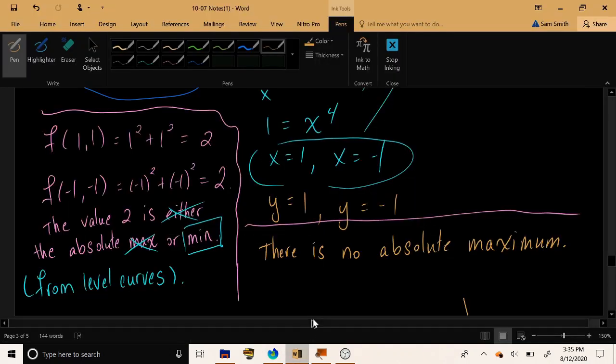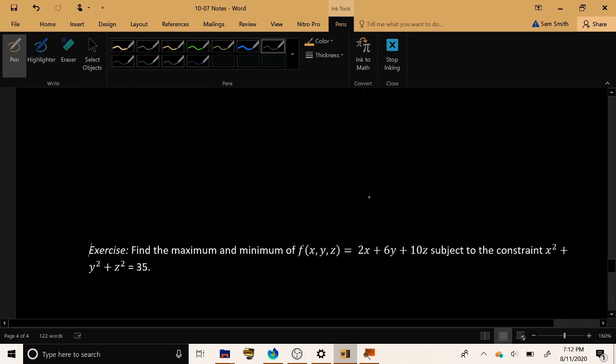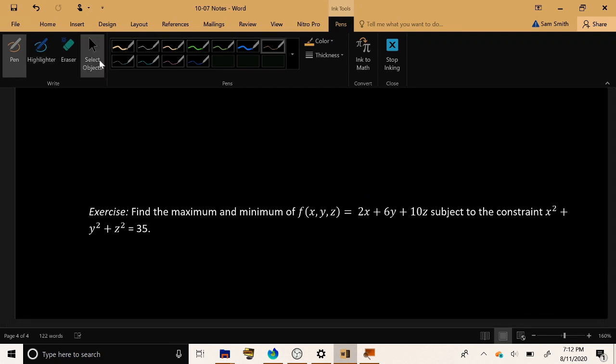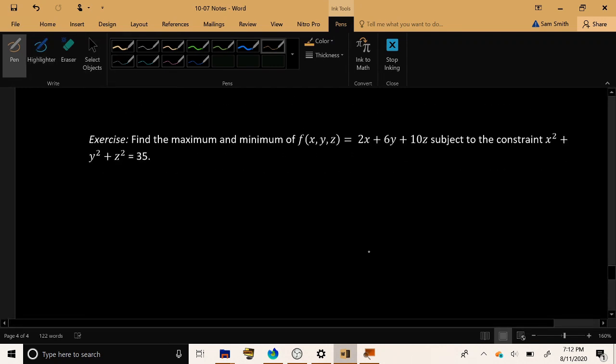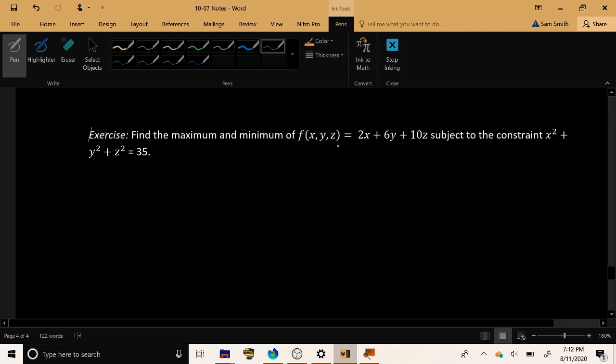So that is an example of finding the absolute minimum subject to this constraint in the case that there was no absolute maximum. Let's try another example, this time with 3 variables instead of 2, but to compensate for that, we've made the actual function a little bit simpler.